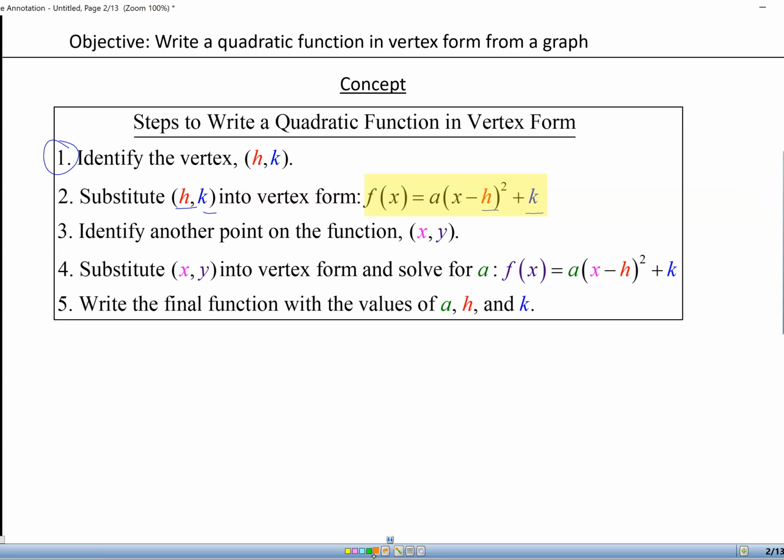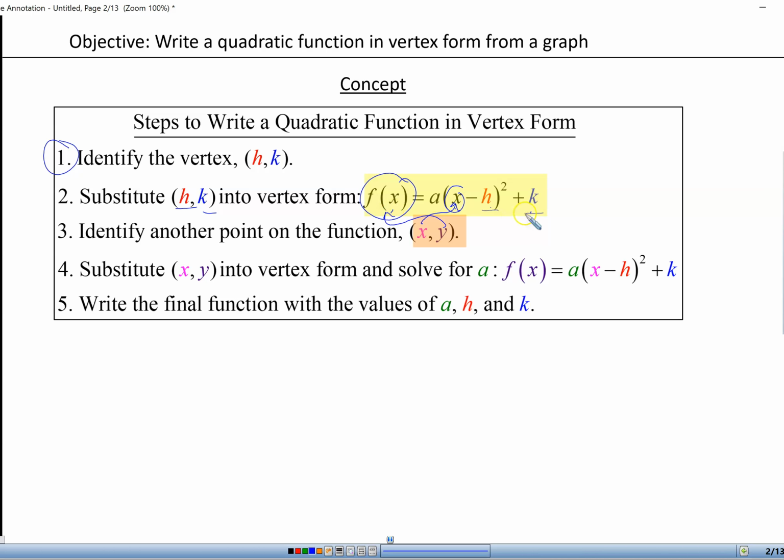Then what we need is another point that is on our graph. It can be any other point than the vertex, and we just call that one x, y. And those two numbers are going to be used for the x variable and the y variable, which is our f of x. And so at that point, we'll have numbers for h and k. We'll be using numbers for x and for y.